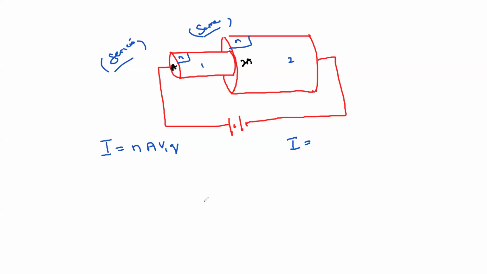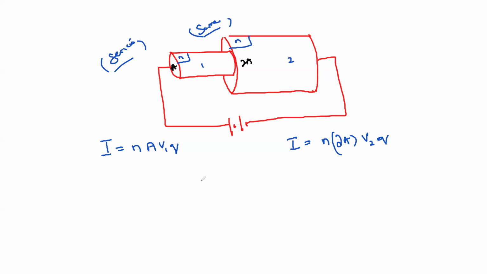So it will be n, the charge density, and the two wires are made of the same material so they have the same charge density. The area is 2A, V2 is the speed and Q is the charge.